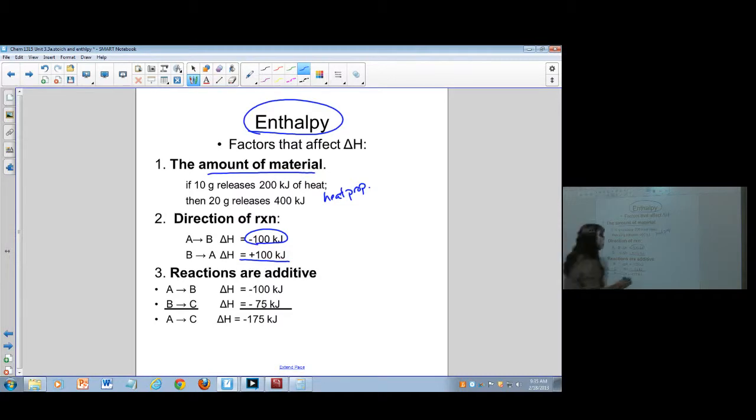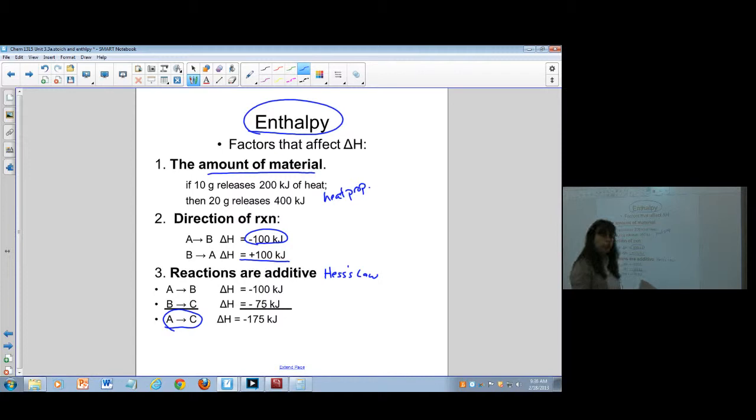And reactions are additive. Okay, this is part of Hess's law. And Hess's law is used when it's really hard to figure out or get an answer directly. For example, we might want to know what happens from A to C and how much energy there is, but we don't have a direct way to figure that out.